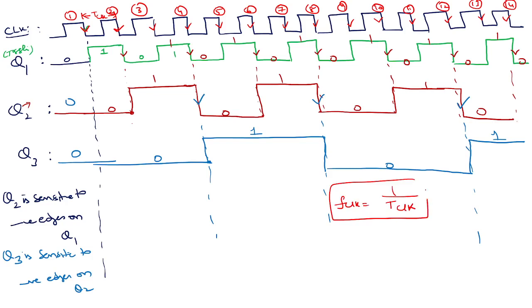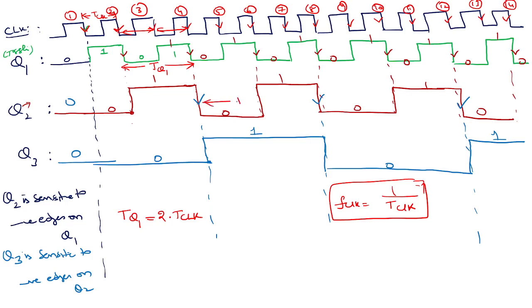Now one negative edge of Q1 to another is TQ1. I can relate TQ1 to the clock time period as 2 times T clock.